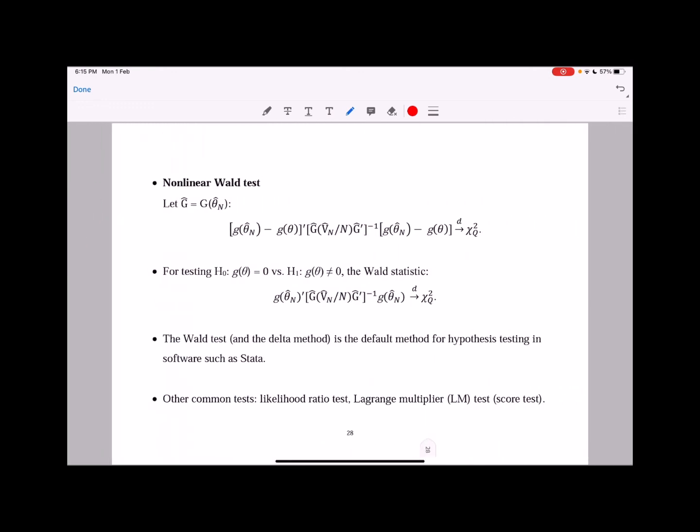So once we know the delta method, we can construct nonlinear Wald tests. So let G hat be G of theta hat. Now, G of theta hat and G of theta is the thing we want to test, right? So we can construct this quadratic form, and it will still converge in distribution to a chi-square distribution, right? Just in the middle, this is our new variance here.